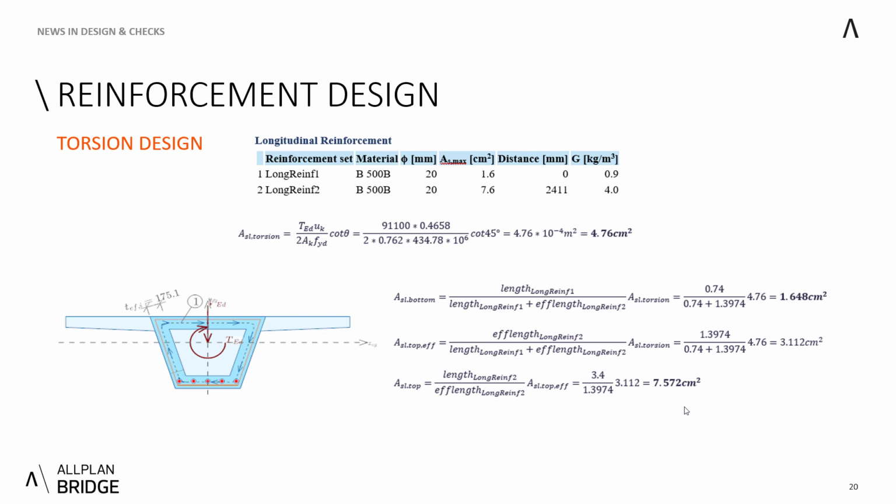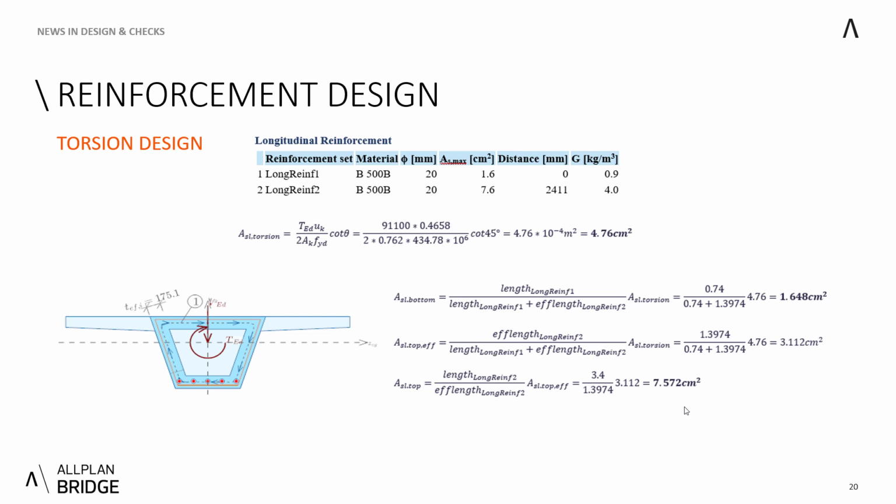If we had two longitudinal reinforcement sets at the webs, they would be considered fully and distributed equally. But the reinforcement at the top, it cannot be seen on this picture, is running through the whole length, also in the flanges. Therefore, this 4.76 centimeters squared is distributed by the weighted average according to the lengths of the reinforcement sets.